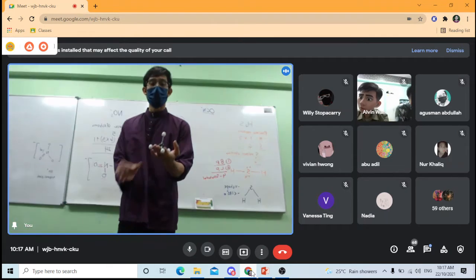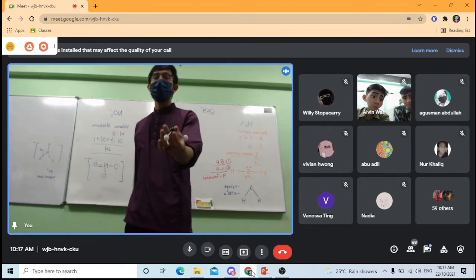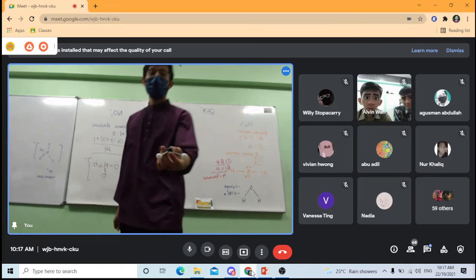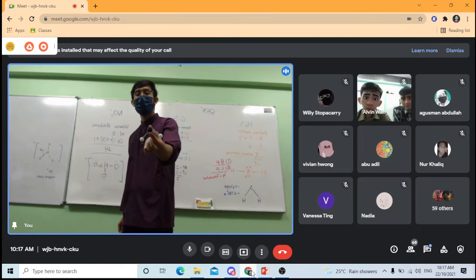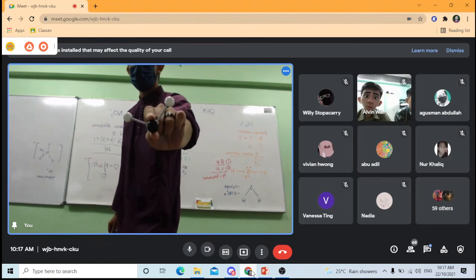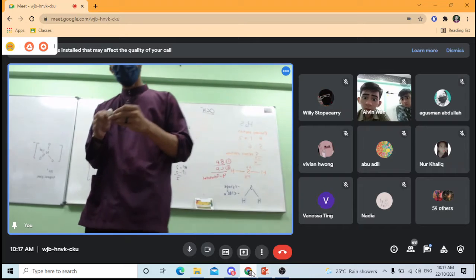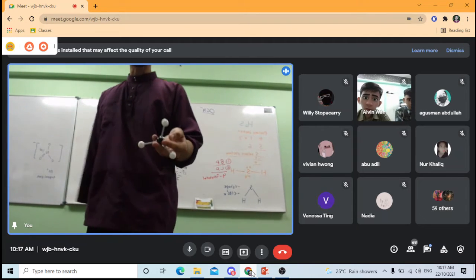Kita start cabut dia punya kaki. Cabut dia. Right? So this is dia punya shape. Nampak macam shape apa? Yes, this V shape. Right? So apa angle dia? Right? Okay. Cara nak tahu angle dia?